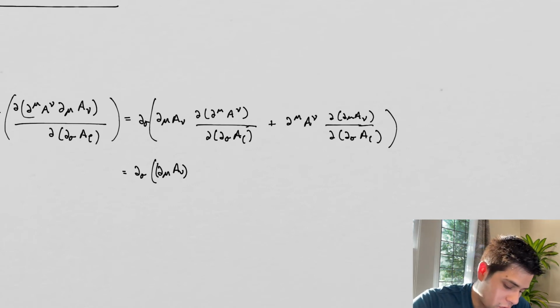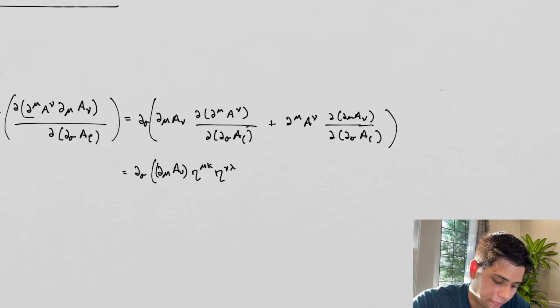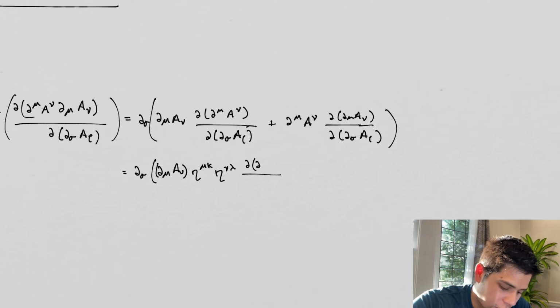So I'm going to use two matrices here. And then I'm just going to change the index name, and when I change the index name, I'm going to bring it down. This is the beauty of using our Minkowski metrics, right?